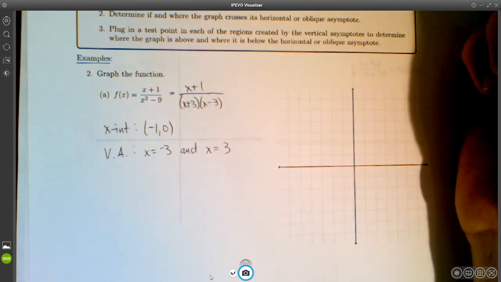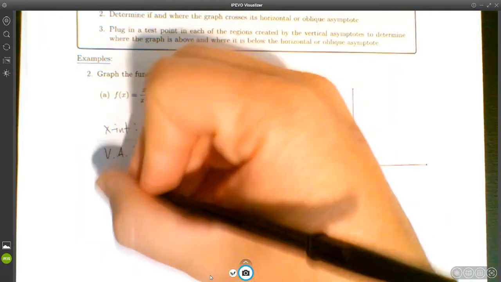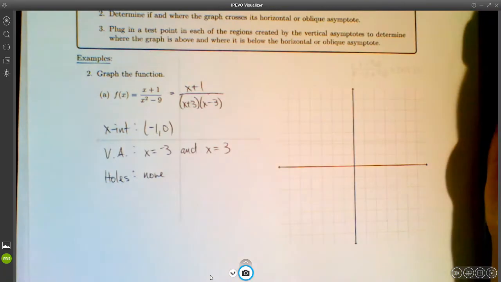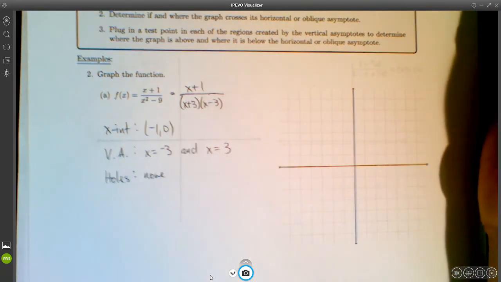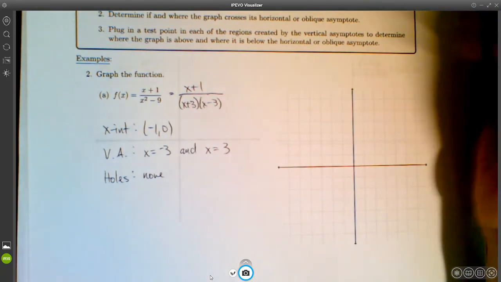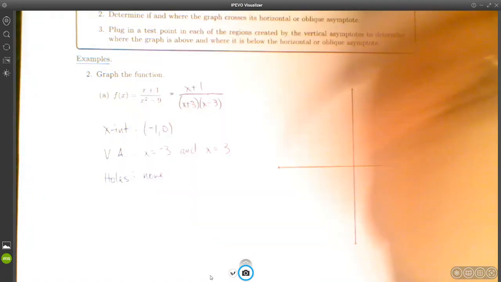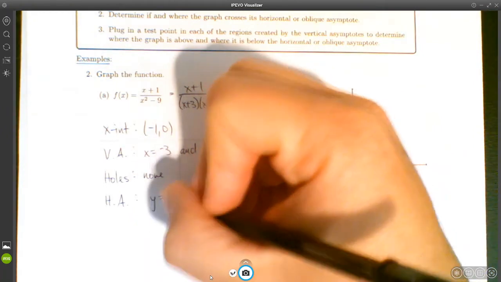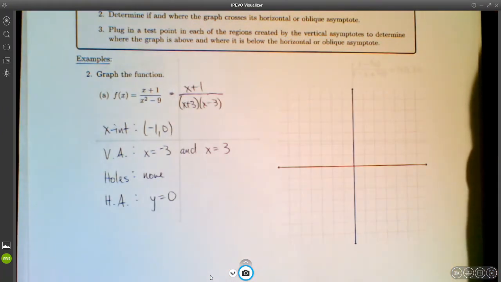No holes. You don't have to write this out, but just to make sure that we're checking off all the boxes: x-intercepts, vertical asymptotes, no holes, and then I have a horizontal asymptote at y equals 0. So that's all the information I have.